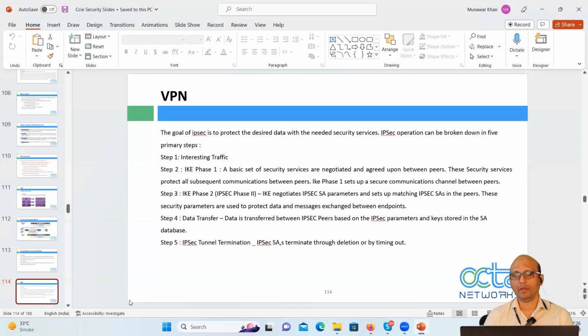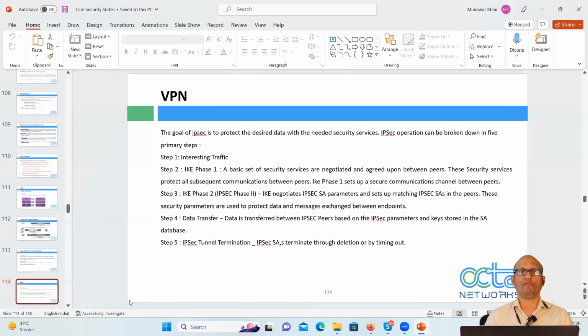Okay. Now, when we talk about the second step, it is phase 1. Phase 1 is where some preparation is going on between two peers. What is the definition of phase 1? A basic set of security services are negotiated and agreed upon between peers.